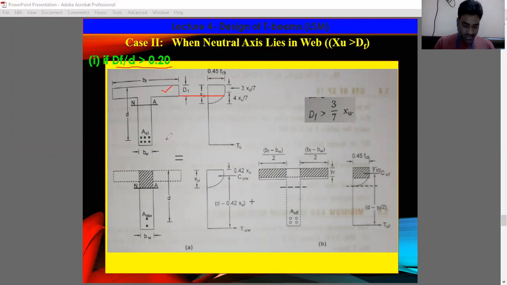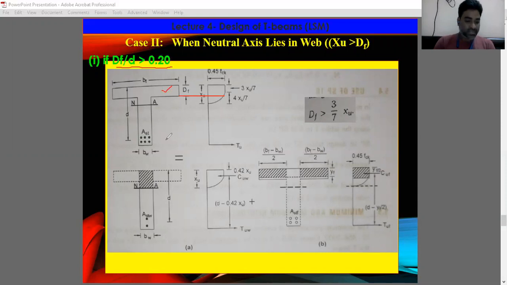So this is for not exceeding. Let me just see page number 97, G 2.2.1. When df by d ratio exceeds 0.2, the moment of resistance of the section may be calculated by the following equation. So in this equation, it is given yf.